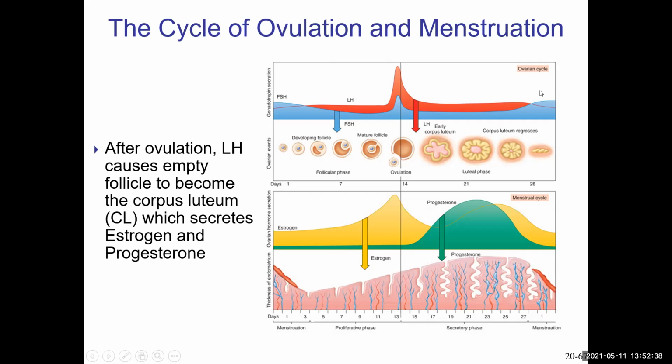So let's start from the brain. Here, the phase in the ovary, follicular phase, from day 1 to day 13 or 14 is the follicular phase. What happens in the follicular phase? Follicles in the ovary are growing under the influence of follicle stimulating hormone and some luteinizing hormone.